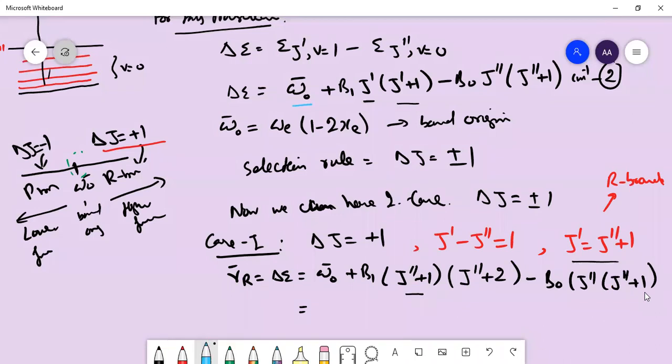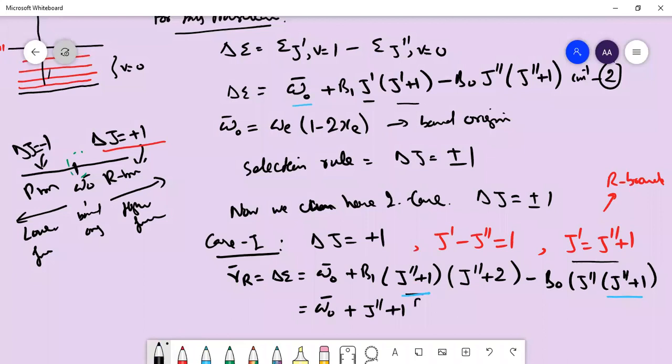I have J double dash plus 1 here, and again I have J double dash plus 1 here. So I will take these as common. So I can again write omega naught bar plus J double dash plus 1.